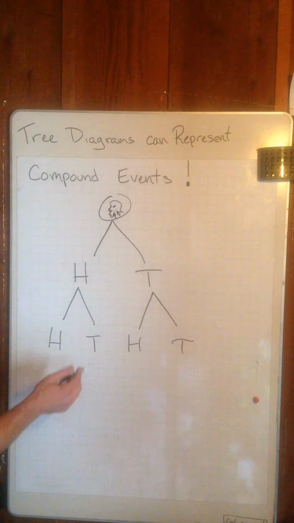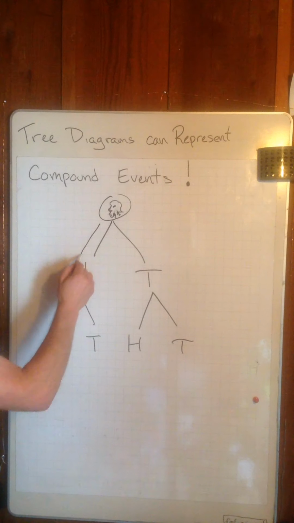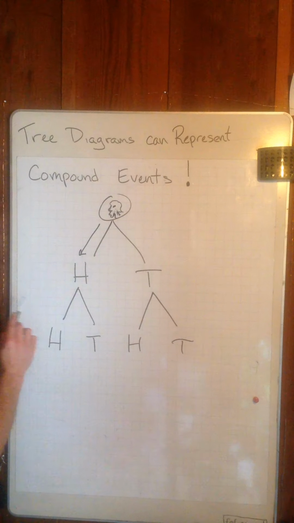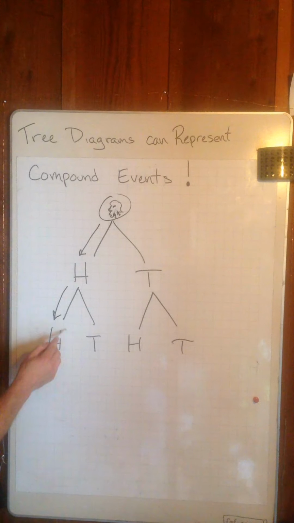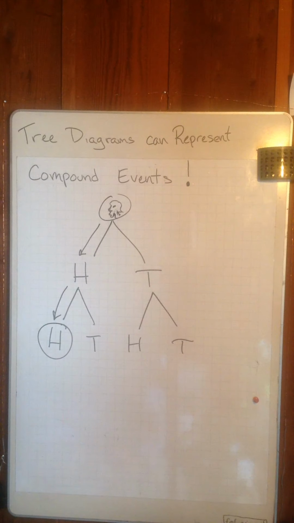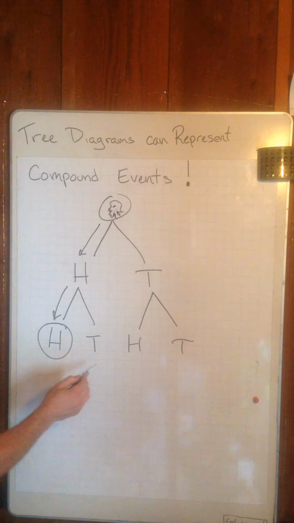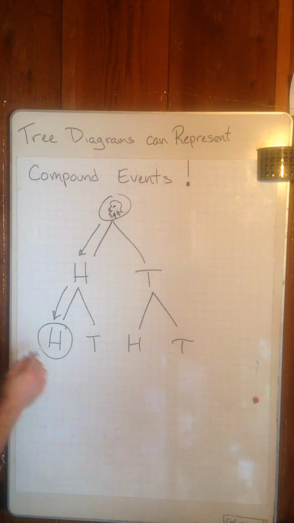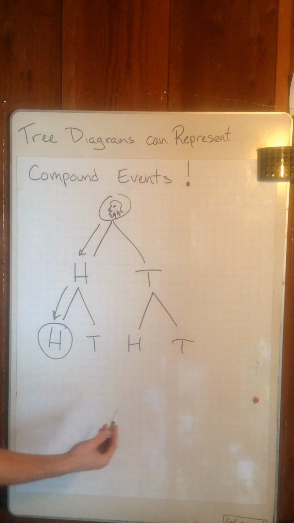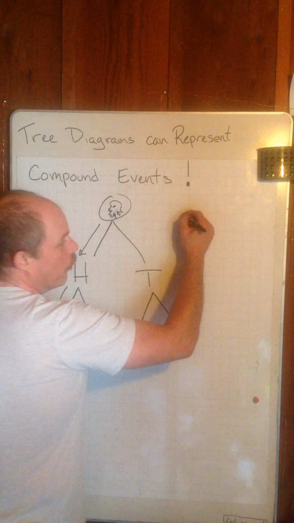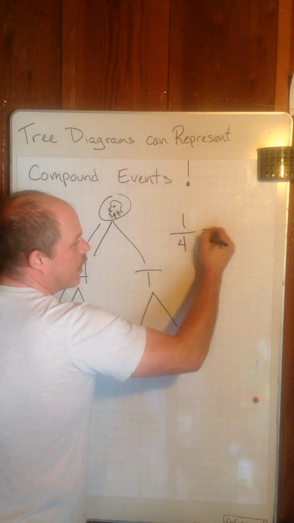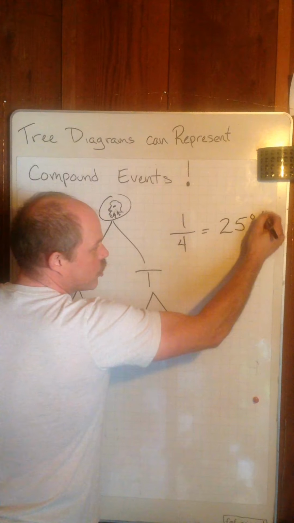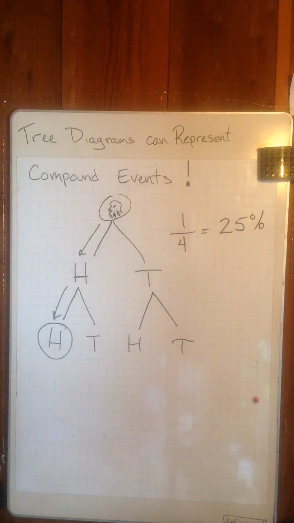And you'll see the only one is we have to go this route to here, and then we also have to go this route to here. So this is the one outcome that fulfills that requirement, and that is 1 out of 4. And so there's our fraction, 1 out of 4. It is a 25% chance if you are to flip it twice to get heads twice.